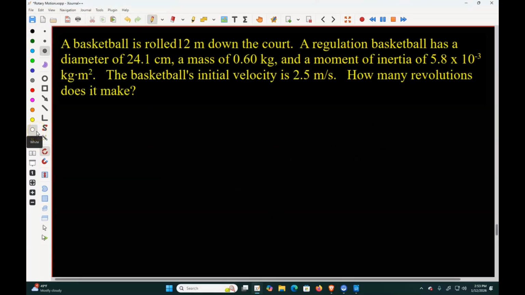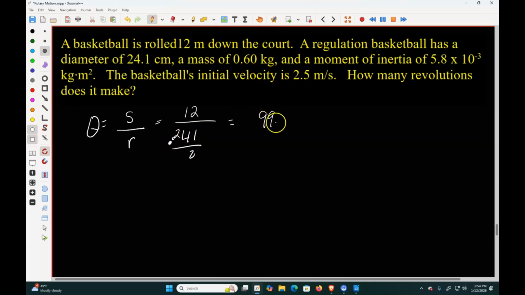This problem is the same as the last problem, except this time let's solve for how many revolutions the basketball makes. So it travels 12 meters. I'm going to say that theta is equal to this arc over its radius. So it's traveled 12 meters, and its radius is 0.241 halved.